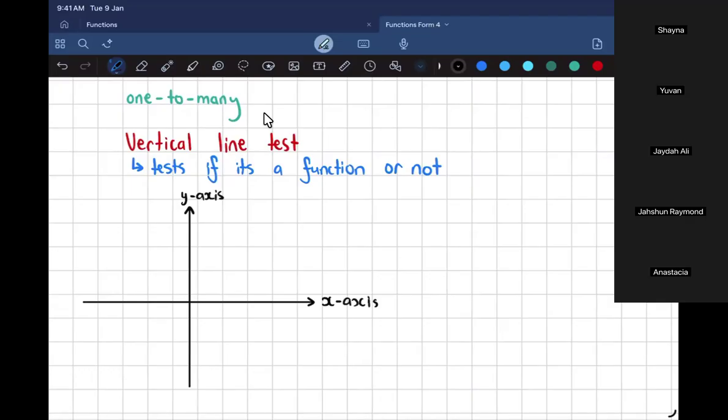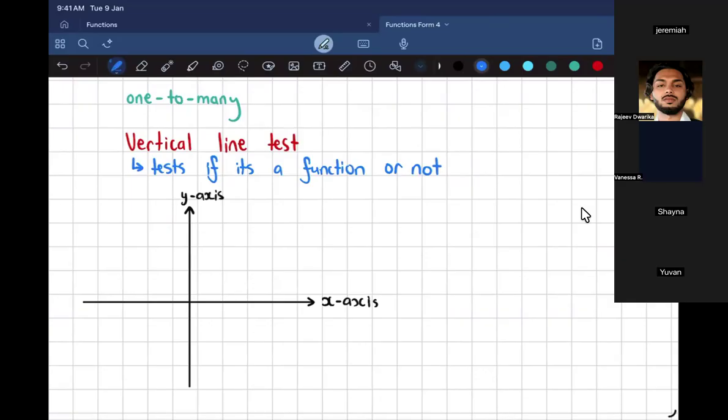You can't afford to mix that up, right? Yeah, that's why I lost my marks in that term. Yeah, you can't mix up the y and x, right?